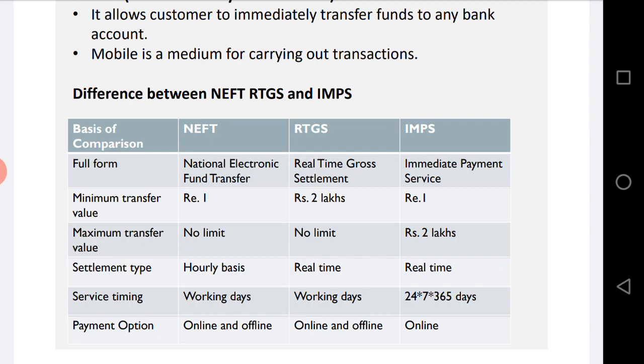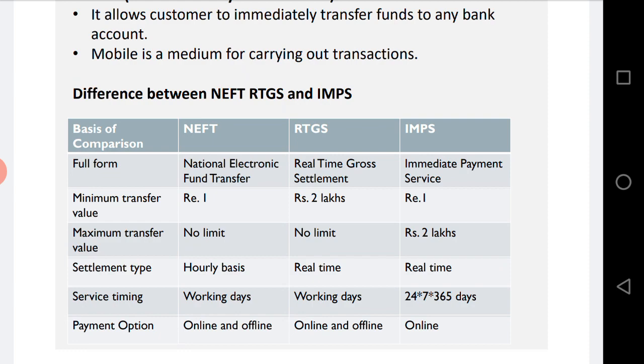In RTGS, your minimum transfer is rupees 2 lakhs, and in IMPS again it is rupee 1. Maximum transfer value: for NEFT and RTGS there is no limit, but in IMPS you can't transfer more than 2 lakh rupees. Settlement type: in NEFT, it is on an hourly basis. In RTGS, it is real time, within 2 hours your money gets transferred, and the same is in IMPS, it is in real time.